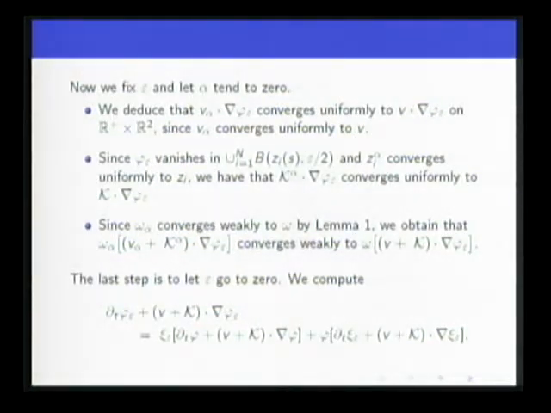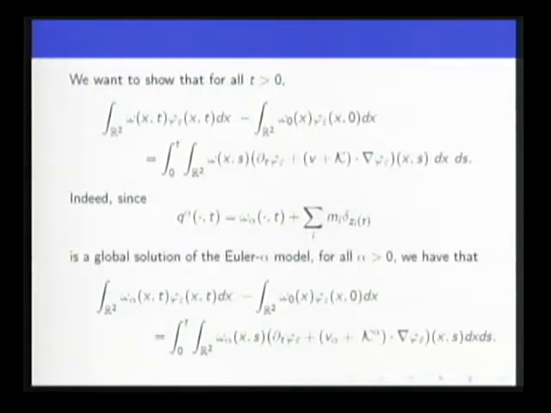Since this test function is defined in such a way, and our trajectories z_i alpha converge uniformly to z_i, this term, curly K alpha dot grad of phi epsilon, converges to curly K dot grad of phi epsilon.